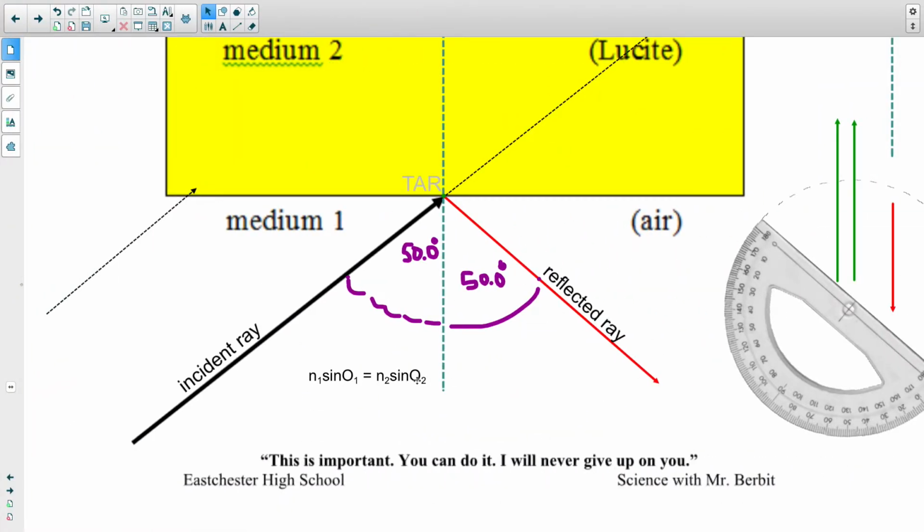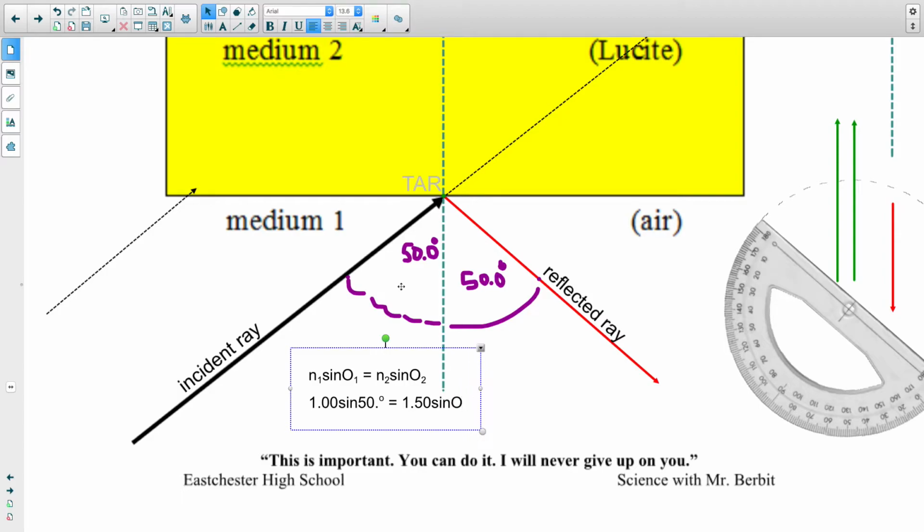So this substituted becomes 1 for air, sine, the angle in air was 50 degrees, equals N2, lucite, 1.50, sine theta 2. So we've got to find theta 2. That's not too hard.